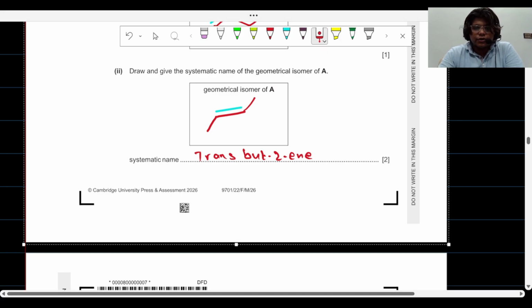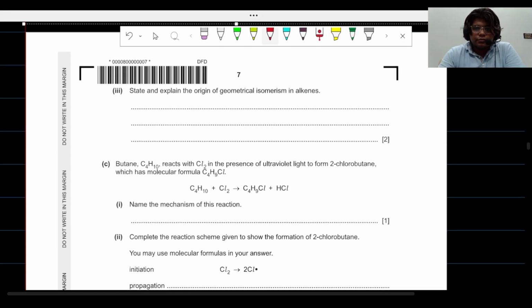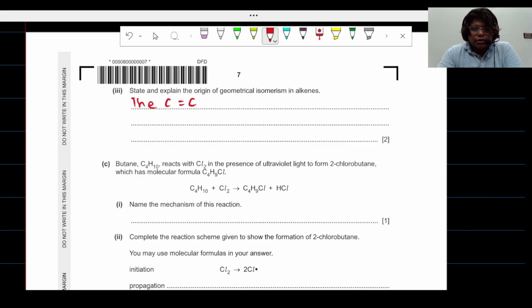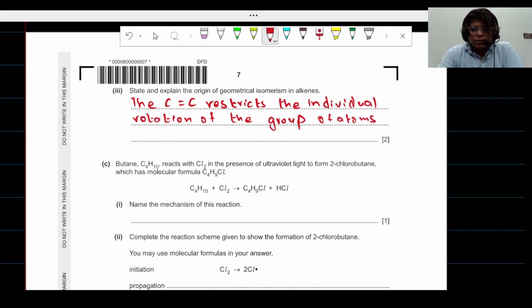So we'll just start with this. So the carbon to carbon double bond restricts the individual rotation of the group of atoms attached which are different for each carbon, right?